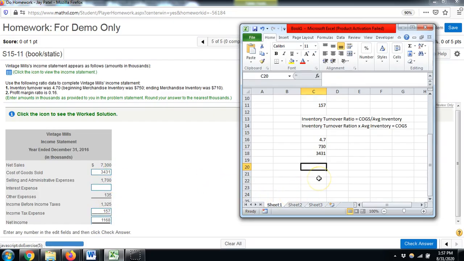So 7,300 minus 3,431 plus 1,700 plus X. Let's just leave that aside. Plus 135.